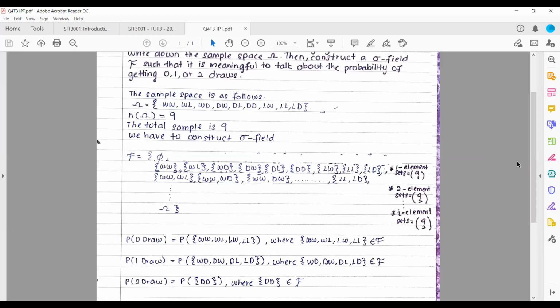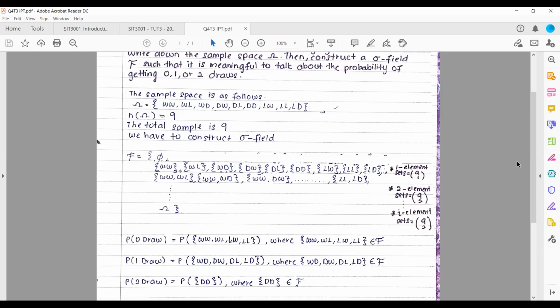Because in your first year, they skip all these things. They'll just say, what's the probability of a draw? Then directly you will just go to that set, and then you maybe have some assumption about independence.